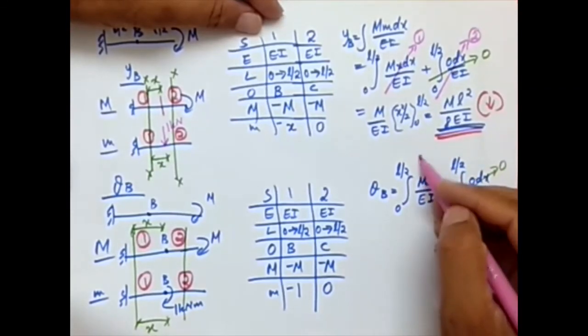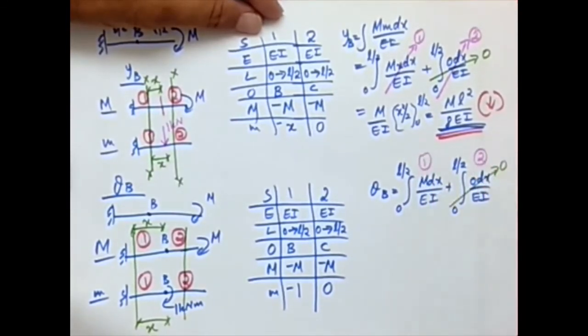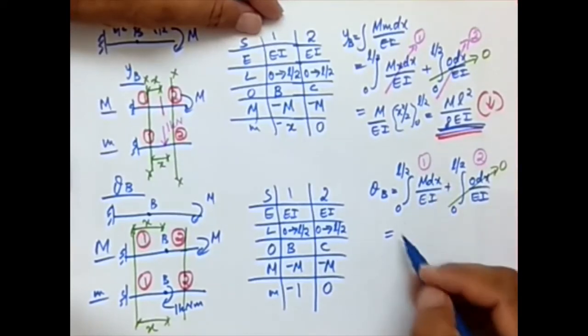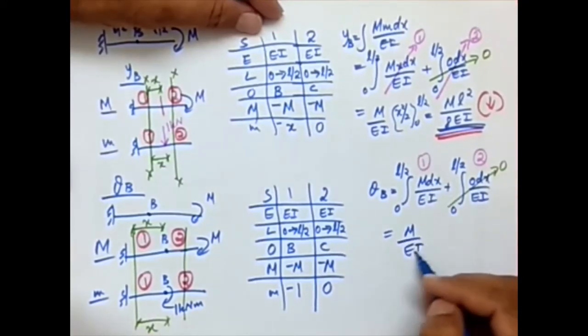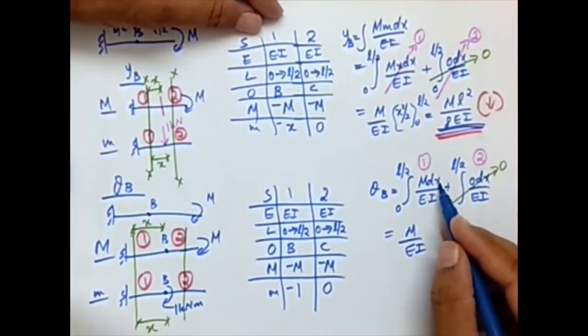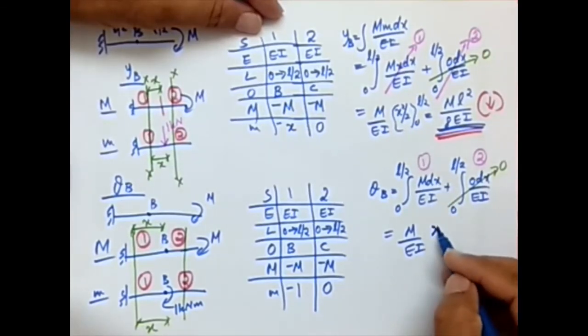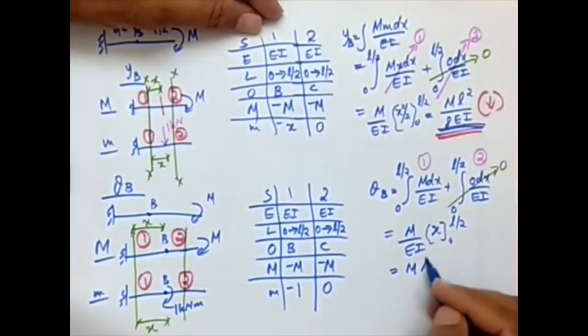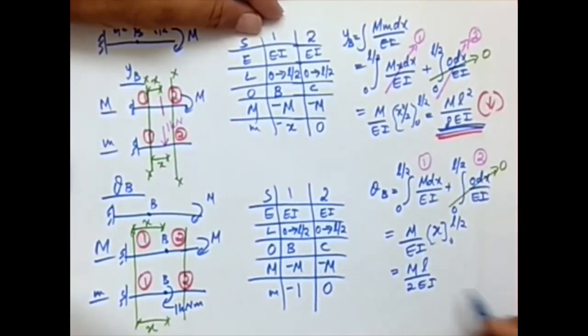This is the contribution from segment 1. This is the contribution from segment 2. Now when I integrate, this part goes away. What is left is this. I'm taking out the constant, so m by EI is outside. Then the integral of dx is x. So x within the limit 0 to L by 2, which means that m L by 2 EI is the magnitude. What about the direction?